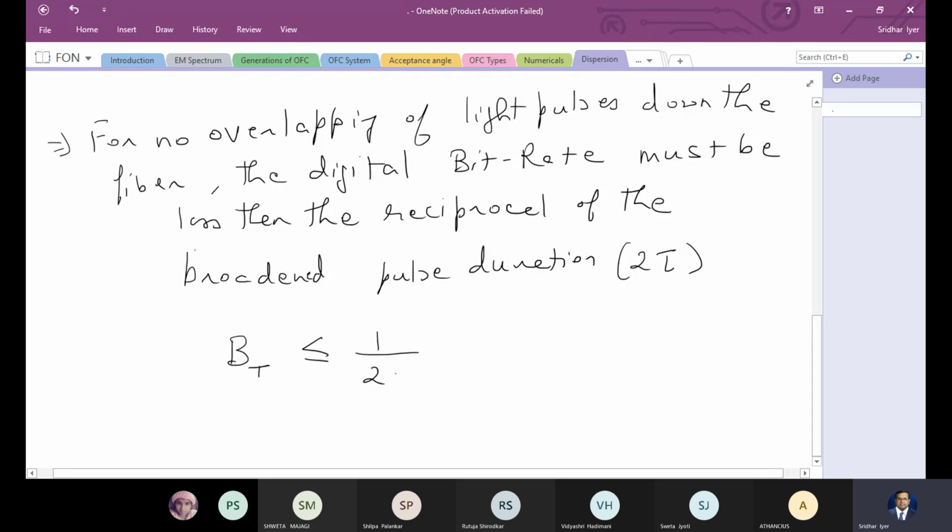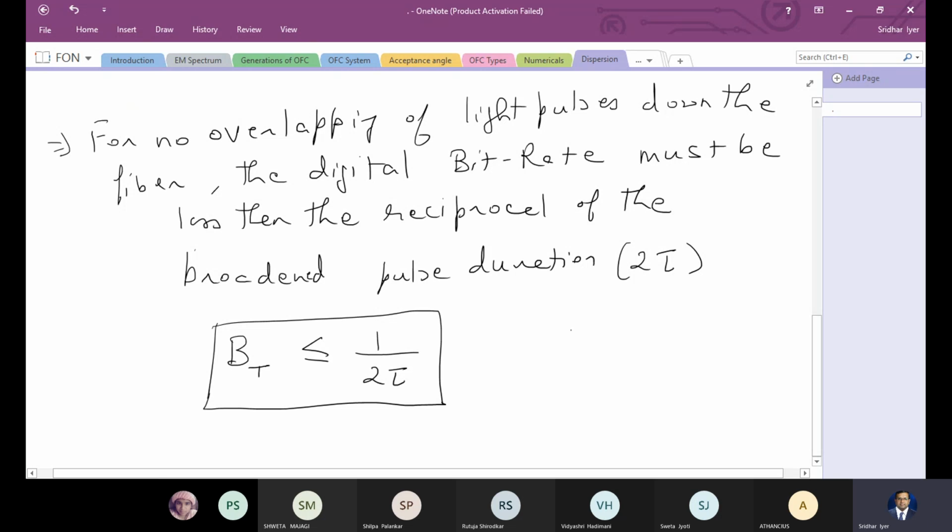That means 1 by 2 tau. So right now we only need to know this equation, but we'll prove it in module 3. If this is satisfied, the light pulses will not overlap.